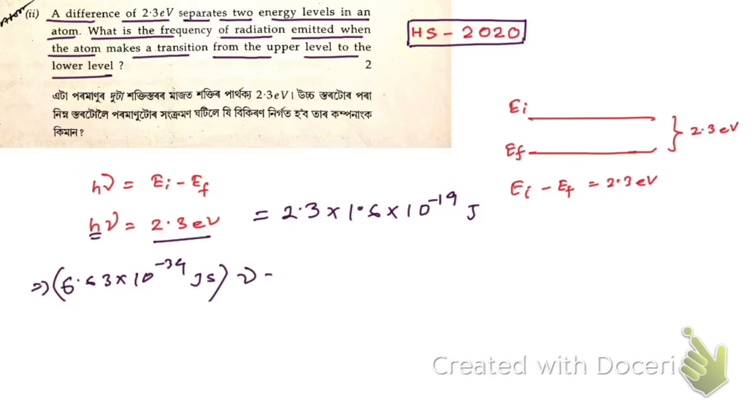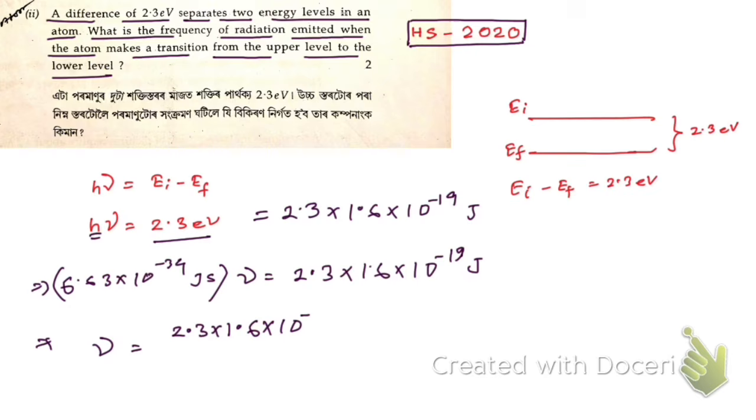Okay, nu, that is the frequency, 2.3 into 1.6 into 10 to the power minus 19 joule. So here this frequency is going to be equal to 2.3 into 1.6 into 10 to the power minus 19 divided by 6.63 into 10 to the power minus 34.